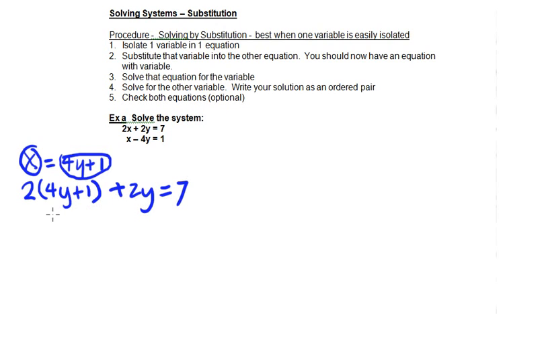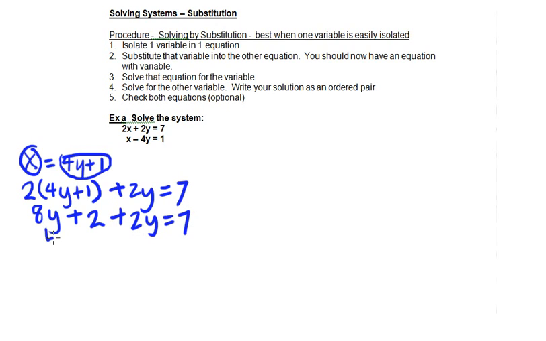Now you can see we have a single equation with the single variable y, so we can go ahead and solve for that y, which is step 3. Distributing here, 2 times 4y gives us 8y, and multiplying the 2 times the second term, we end up with plus 2, and then finishing off the equation, plus 2y is equal to 7.